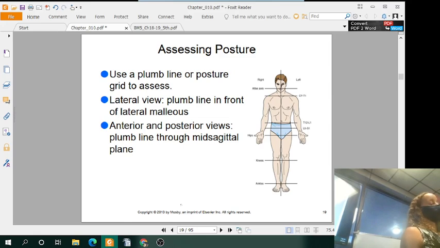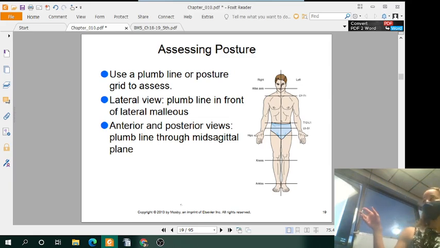Everything will react, but what helps keep us upright? So our neck extensors, right? Our knee extensors, okay, help keep us upright against gravity. Yes, hip muscles, the hip extensors, okay.